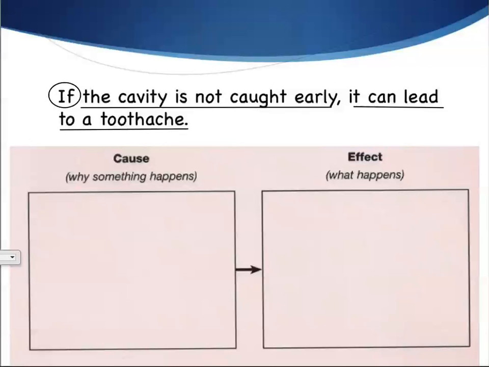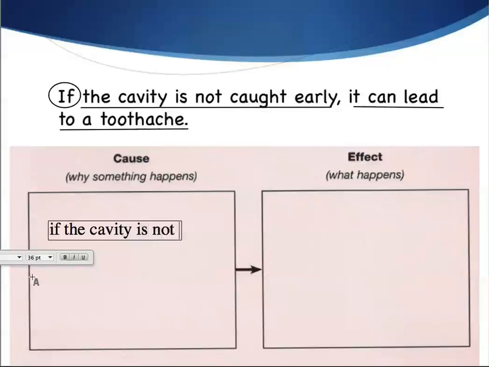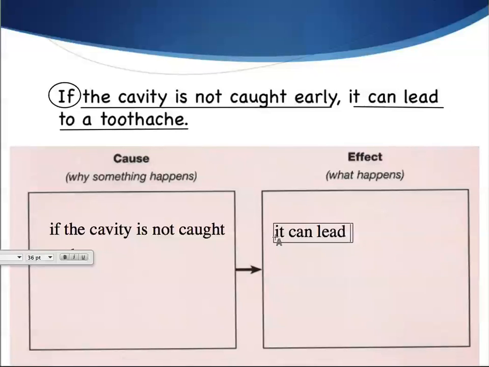So if we wanted to use this graphic organizer to help us see the cause and effect, we would put the cause in this box. If that's the cause, the cavity is not caught early. And what's the effect? It can lead to a toothache.